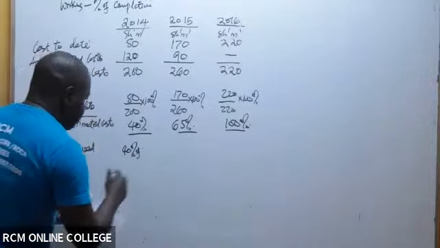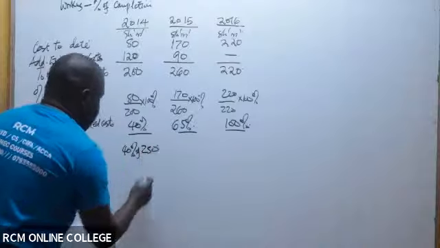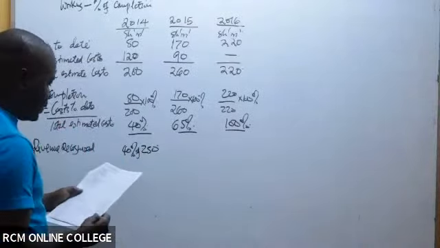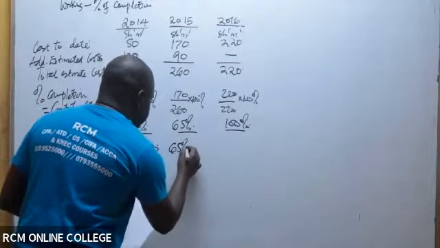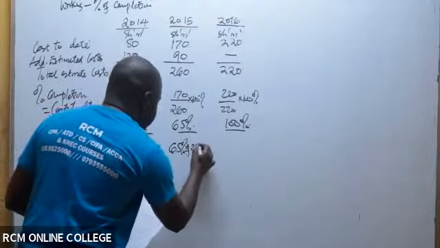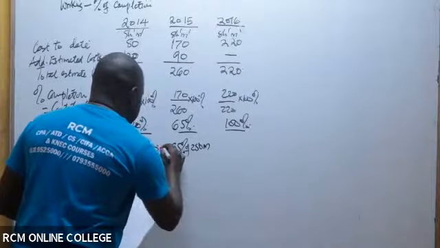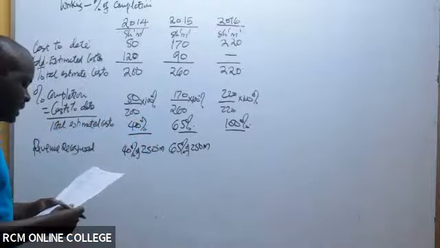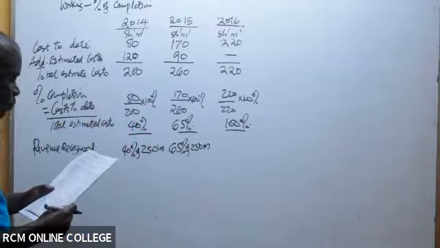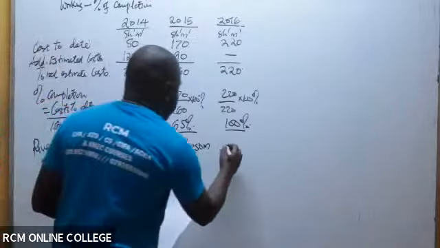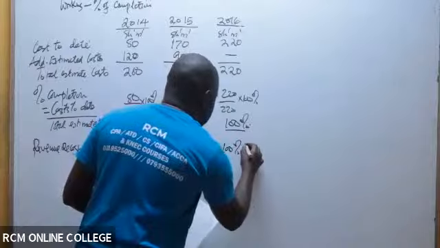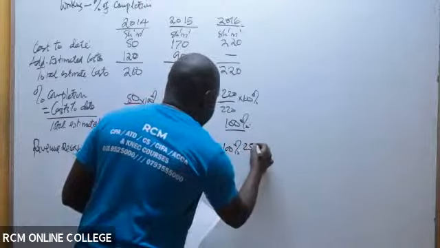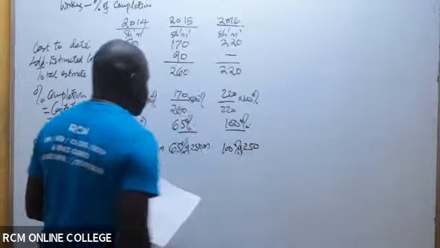In the second year, we'll be able to recognize 65% of 250 million. Then in the final year, we'll be able to recognize 100% of 250 million.